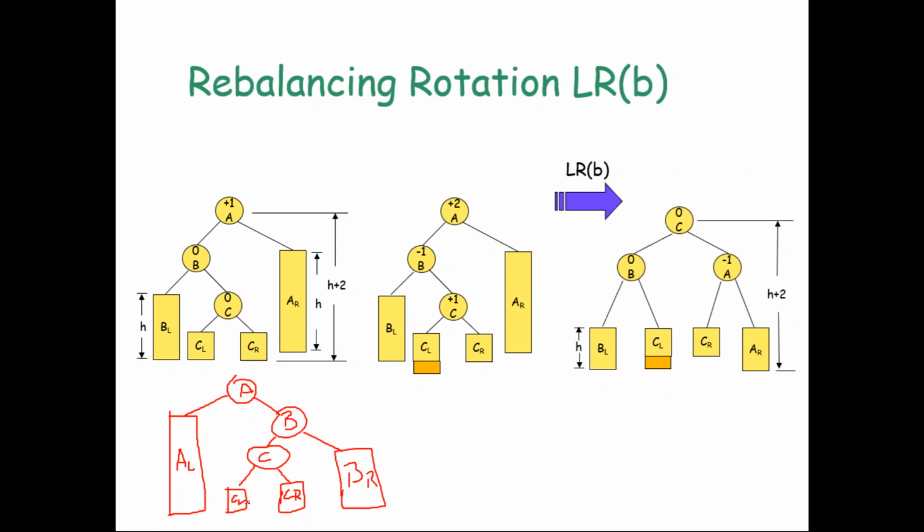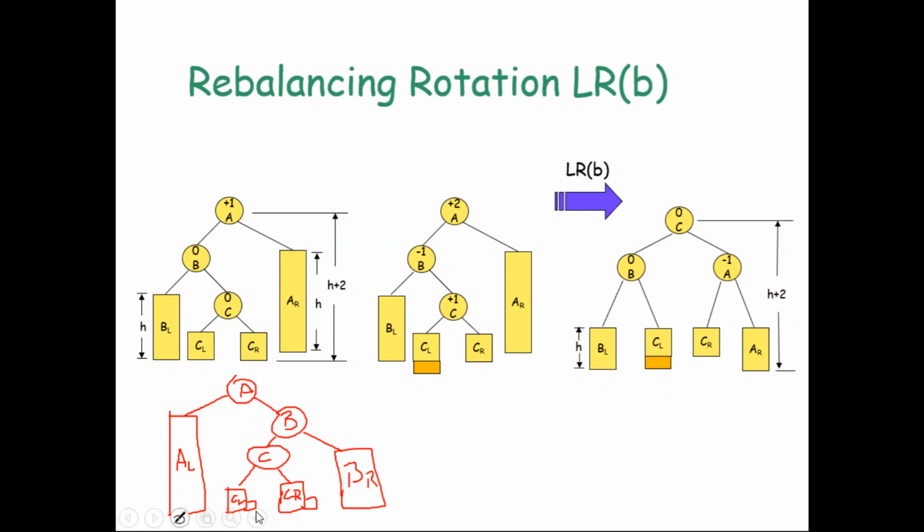So in the first case the insertion will be done here, and in the second case you can assume insertion is done here. Then how will you perform the right-left rotation?